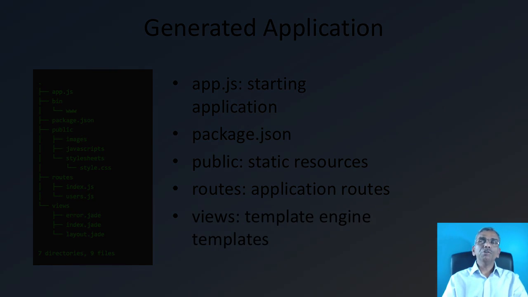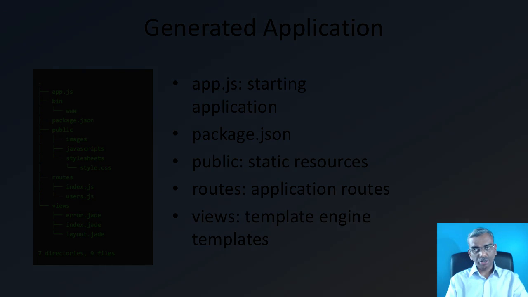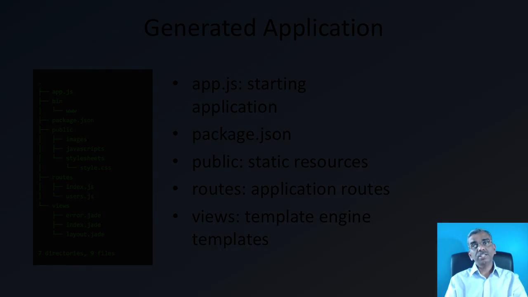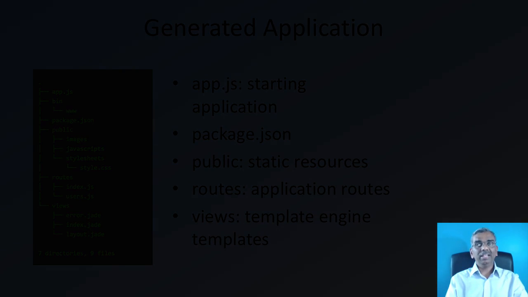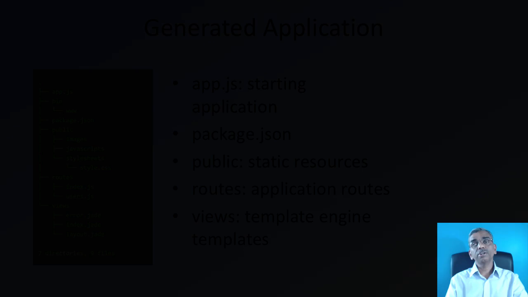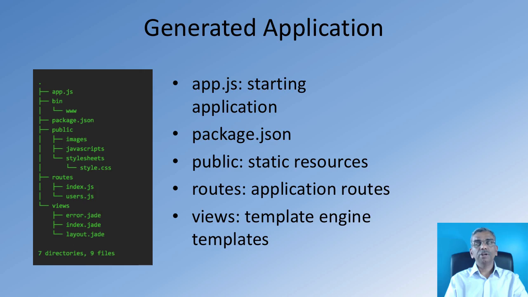And then the views is where you have the template engine for generating standard web templates, HTML templates, if you are interested in using them. In this course, we won't be using the views for our Express application in any way. With this quick understanding of Express Generator, let's now install Express Generator in our computer and then use it to scaffold out the server application that we will develop over the rest of the course.